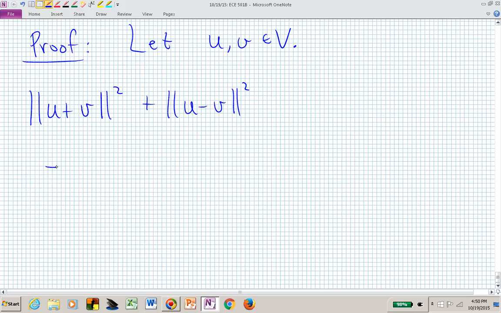And we know how to write those norm squareds as inner products. We now know that we have u plus v with inner product with itself, and we have u minus v inner product with itself.